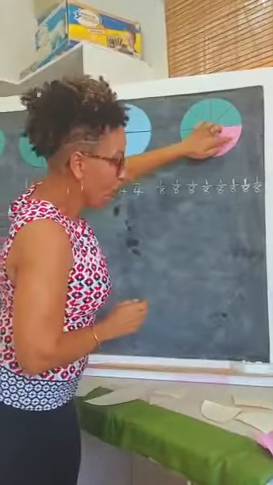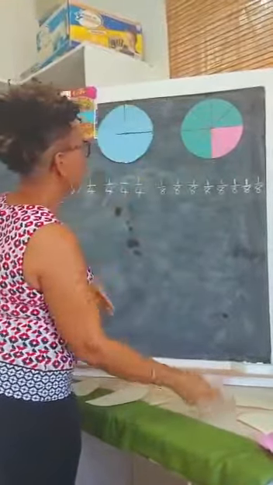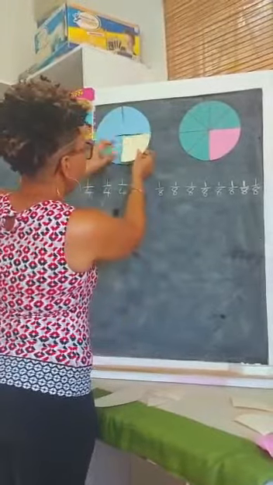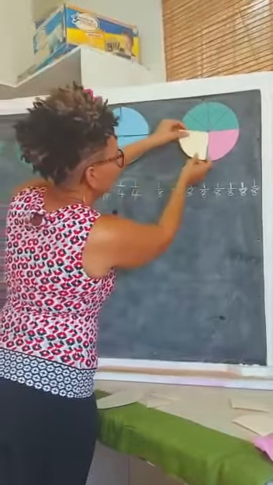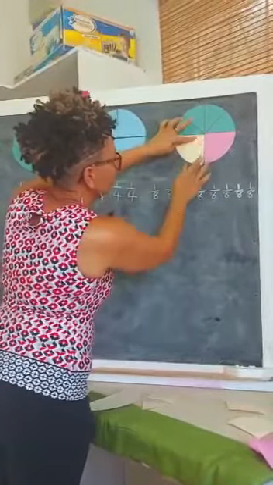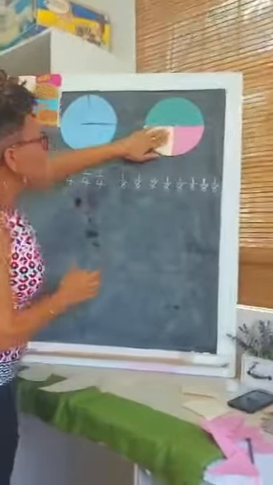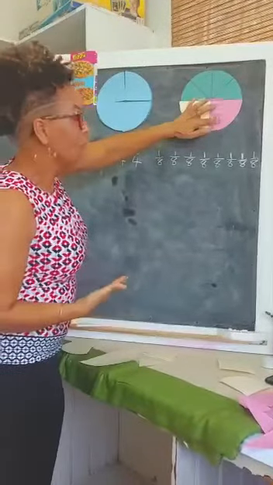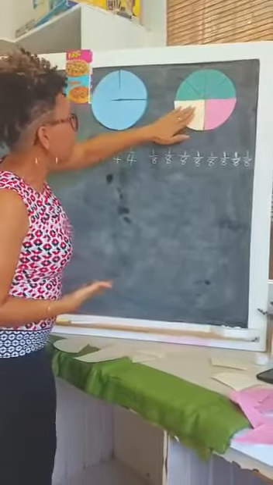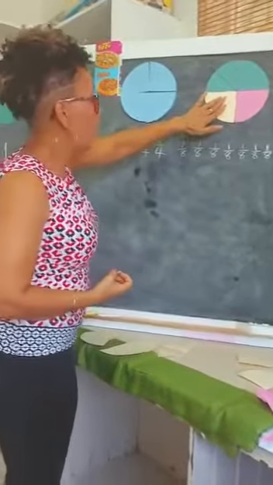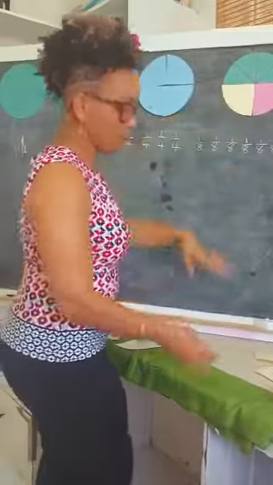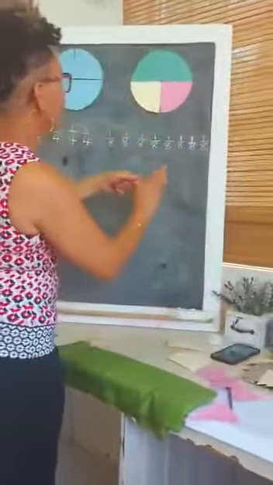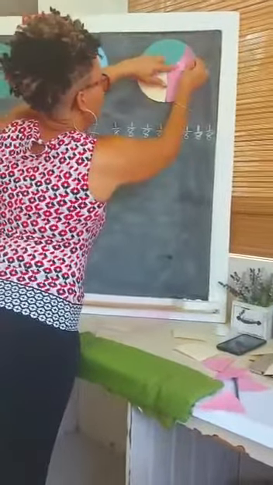So these 2 parts here are the same as our 1/4. So our 2 1/8, or we can say 2/8, are the same as 1/4.